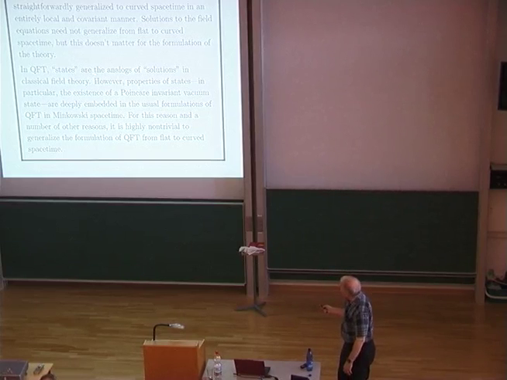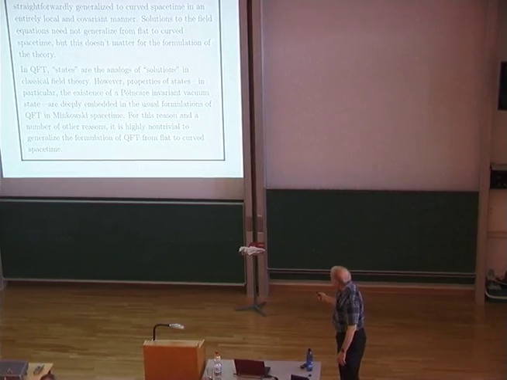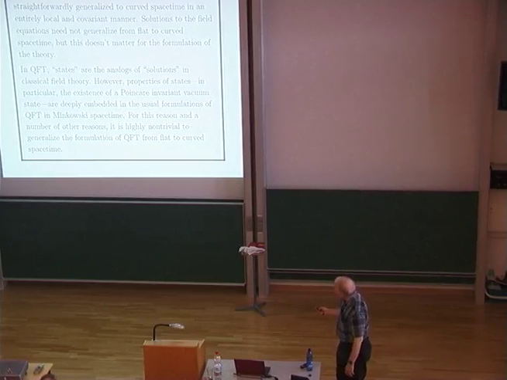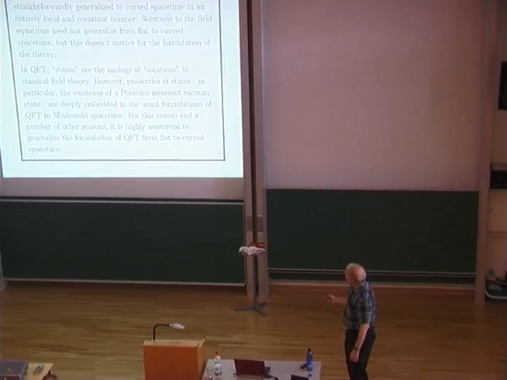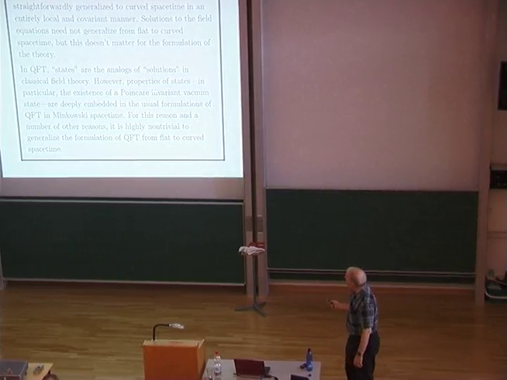Now, in quantum field theory, I would argue that states are very much the analog of solutions in classical field theory, but in the formulation of quantum field theory, as opposed to classical field theory, properties of states are very deeply embedded in the formulation of the theory. Maybe the most clear example of that is the existence of a Poincare invariant vacuum state.